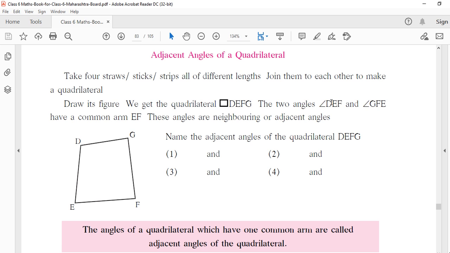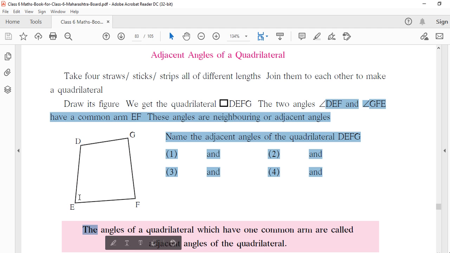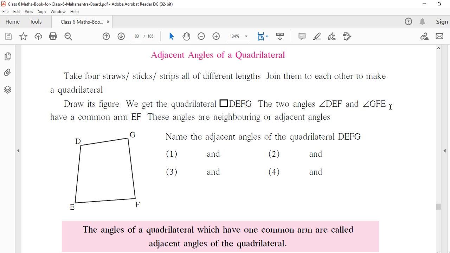When you say angle DEF, it represents the middle angle, which is angle E. So DEF is nothing but this angle, angle E. GFE means angle F. Now we need to name adjacent angles. So angle D and angle E are adjacent. Angle D and angle G are adjacent. Angle F and angle E are also adjacent. Angle F and angle G are adjacent angles.